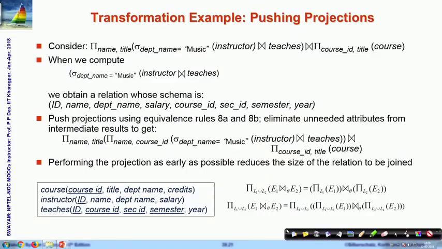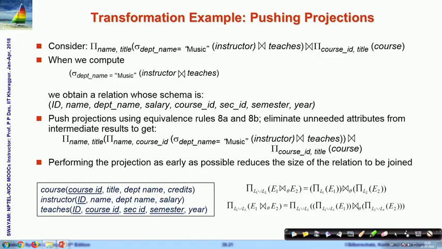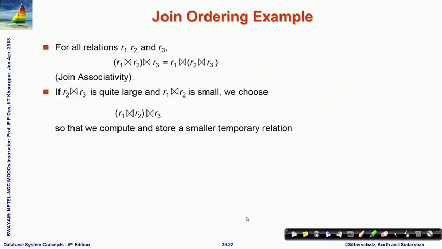So, your relation becomes smaller. With the projection, when you project there will also be duplicates which get removed. So, in every way your relation becomes smaller in size, and your subsequent join operations would be more efficient.